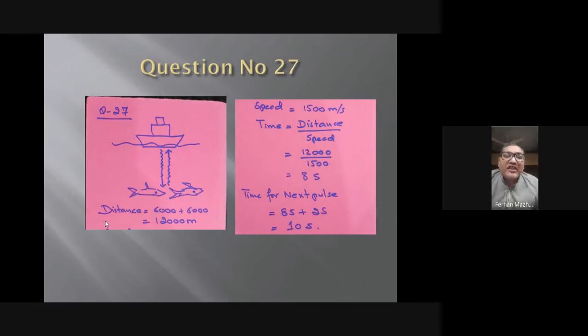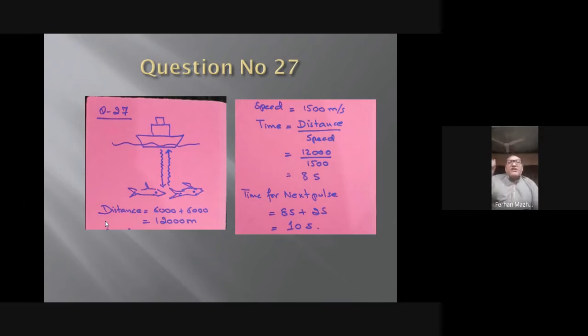The speed of the ultrasound is given to us, 1500 meters per second. So the time taken for the ultrasound to go, get reflected from the fish and come back to the ship is distance divided by speed, 12,000 divided by 1500, which is 8 seconds.